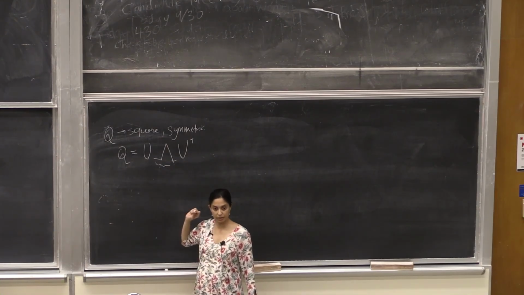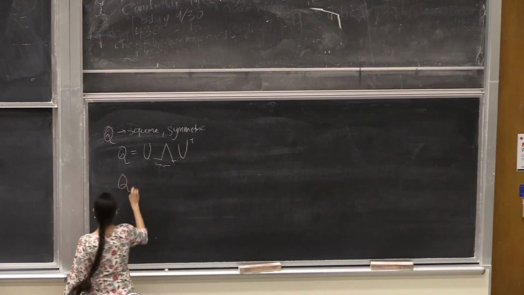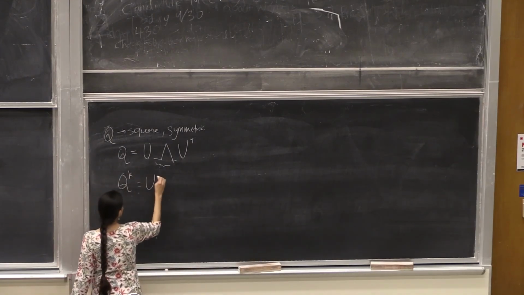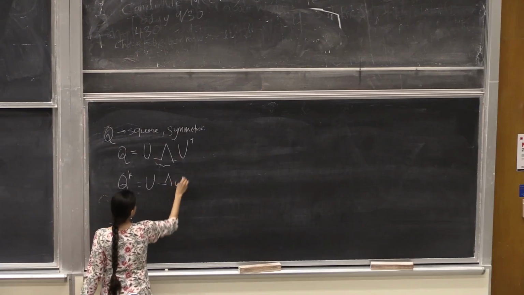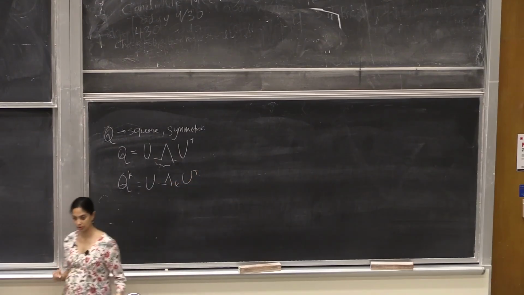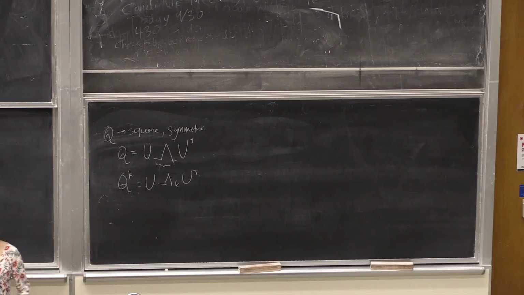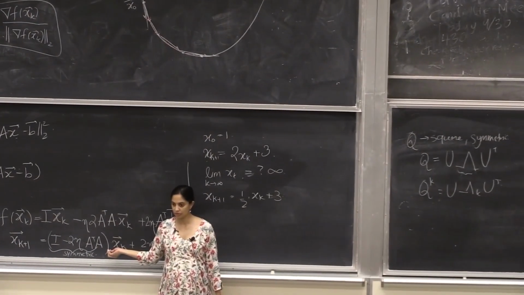And so Q to the K is equal to U lambda to the K U transpose, right? So now to determine whether x k plus 1 blows up or converges, what do I need to look at? The eigenvalues of this thing, right? Does everyone see that?